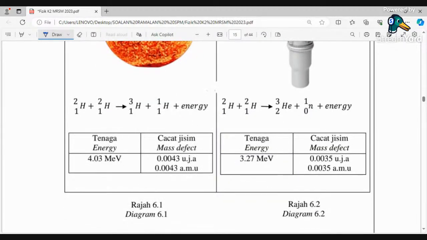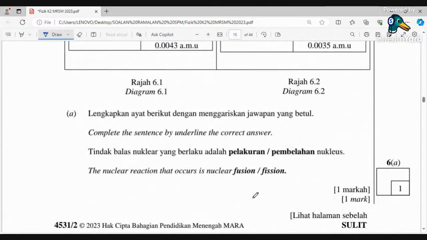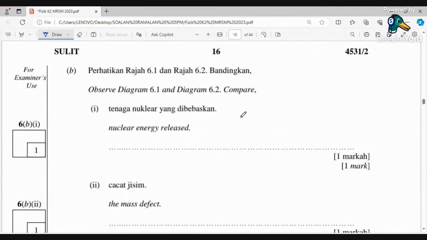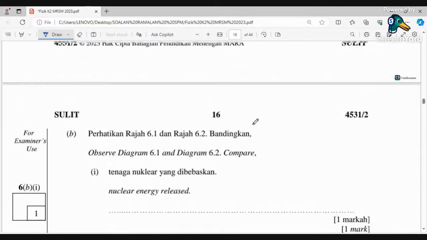Okay, complete the sentence by underlining the correct answer. The nuclear reaction that occurs is nuclear fusion. It tells you to underline the correct answer according to the instructions. Okay, B, nuclear energy released.